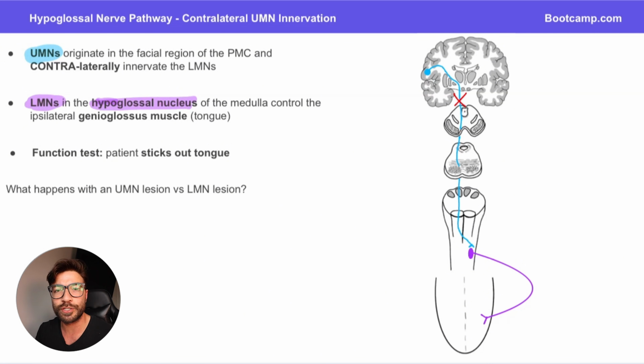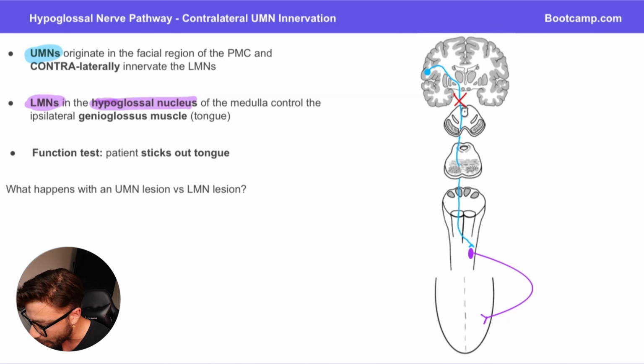So when you ask the patient to protrude their tongue, the tongue is going to deviate to the side of the weakened muscle, which is going to be contralateral to where our upper motor neuron lesion would be. So if we have an upper motor neuron lesion, we're going to see contralateral tongue deviation.